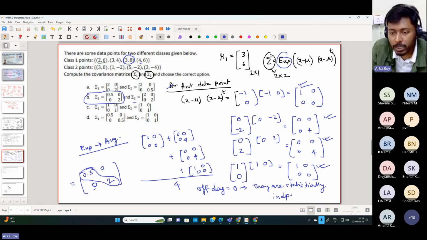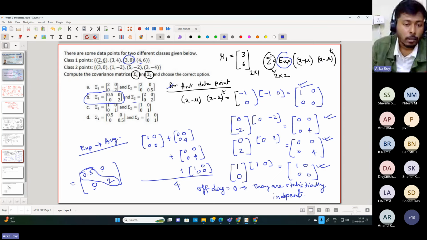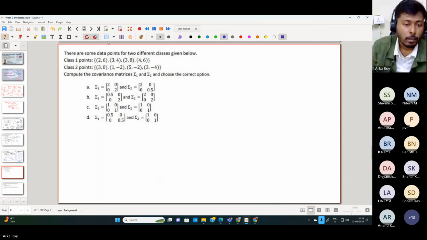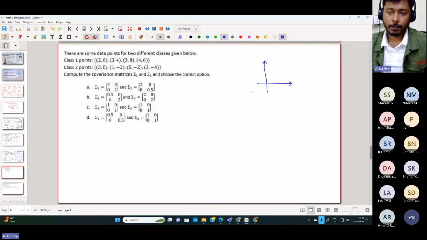What is the meaning of statistical independence? Anyone? And can you give any example of statistical independence?